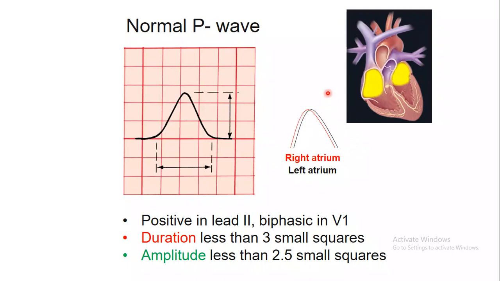The only lead that records a negative wave is aVR, because the direction is away from aVR. On other leads, it will be positive.